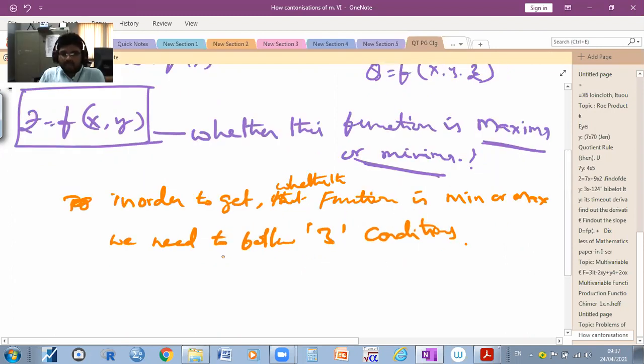We need to follow three conditions. Three conditions must be met. Then only we will get whether the function is maxima or minima.